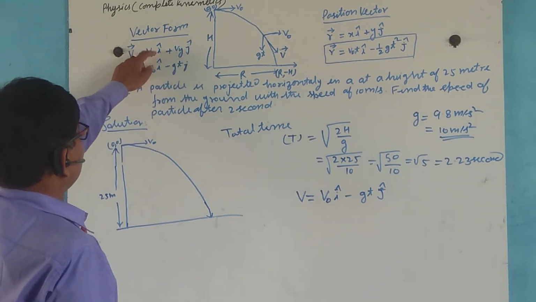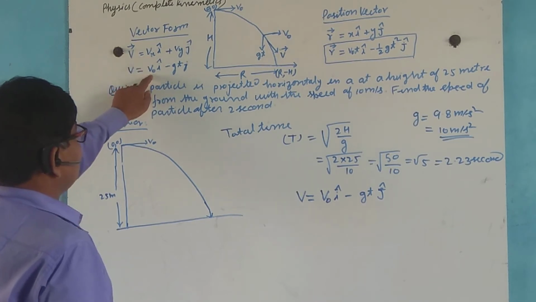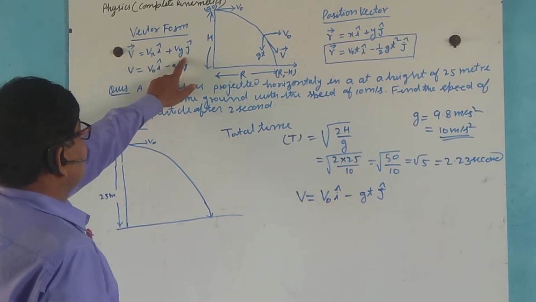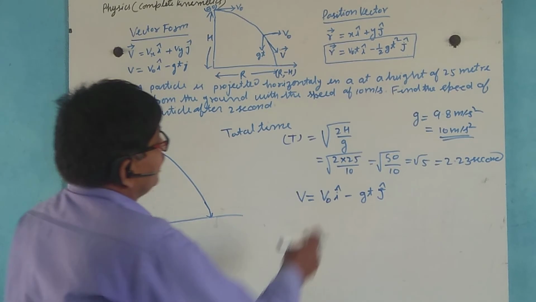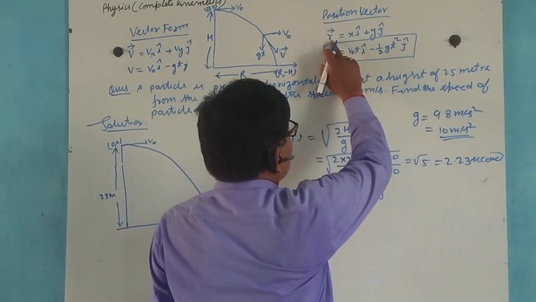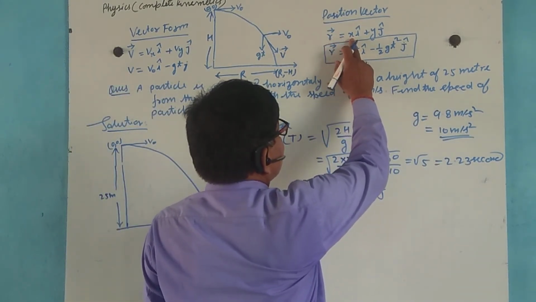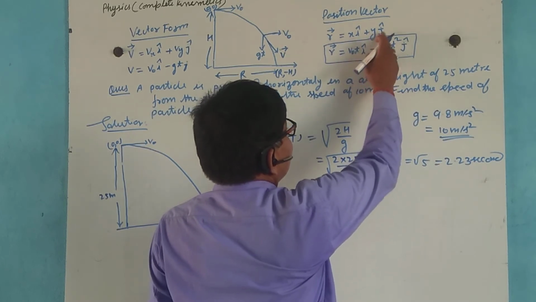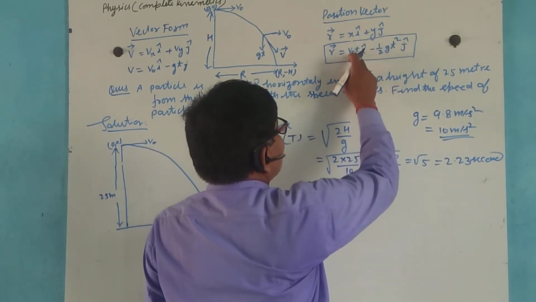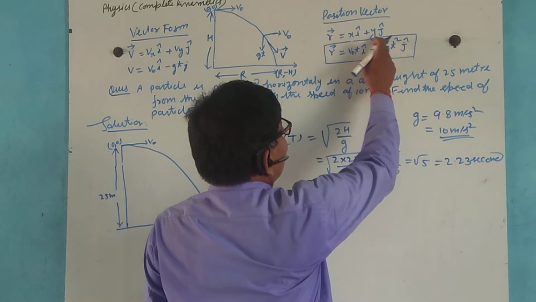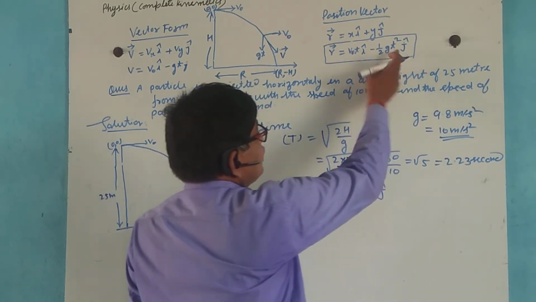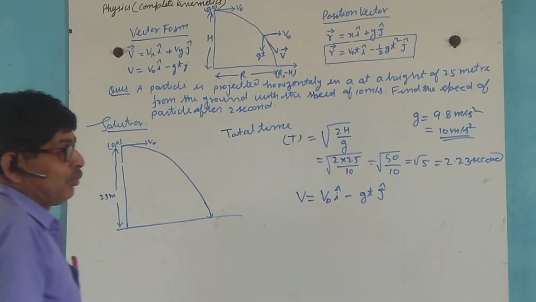We solve: vx comes out as v0, and vy comes out as minus gt. In this case also, the position vector r equals x i cap plus y j cap. Solving, x is v0 t, and y is minus half gt square, as before.